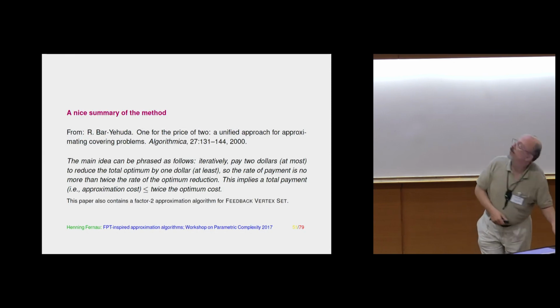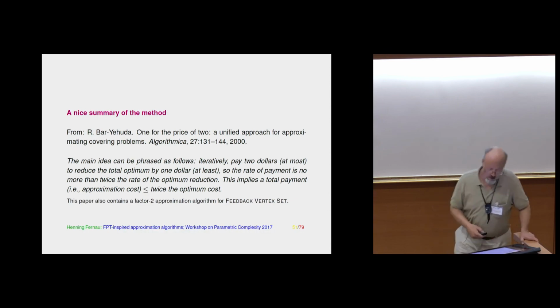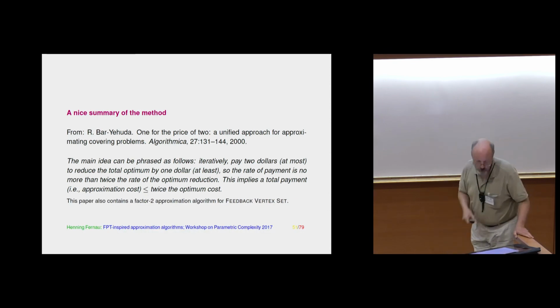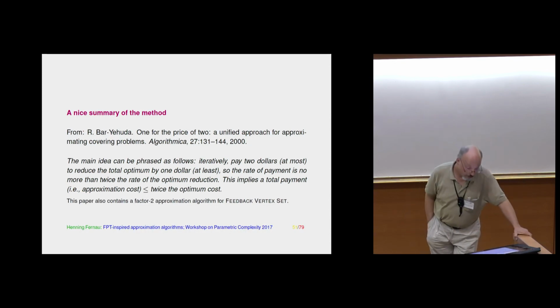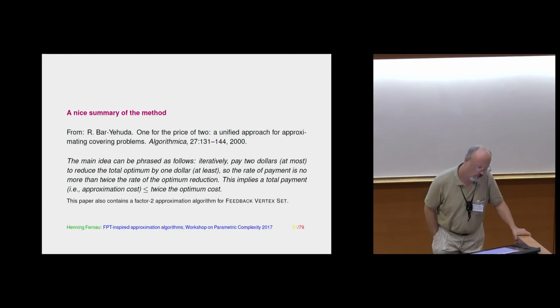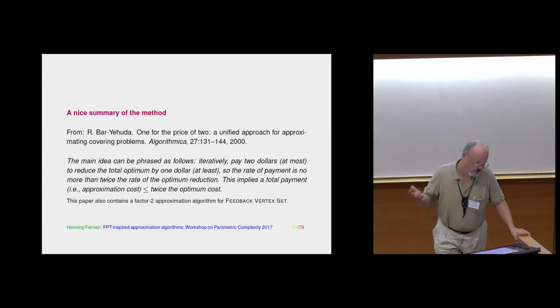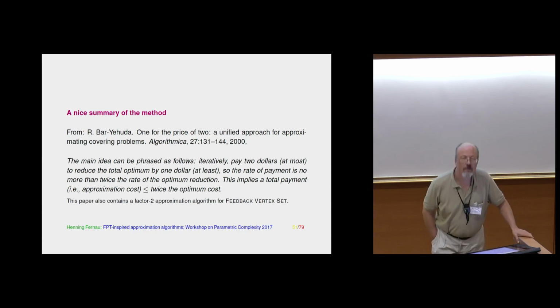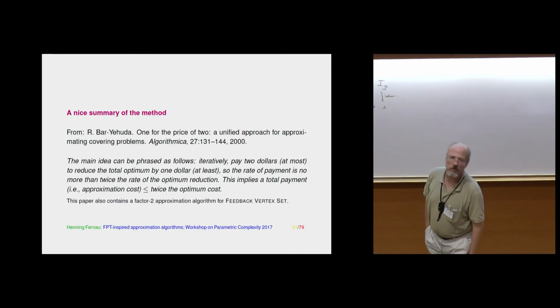So, for instance, here is a quote from Yehuda's paper, "One for the price of two," where he formulates this as follows: iteratively pay $2 at most to reduce the total optimum cost by $1 at least, so the rate of payment is no more than twice the rate of the optimum reduction. This implies the total payment, the approximation cost, is at most twice the optimum cost. That's all. And surprisingly enough, this very simple idea is quite powerful.